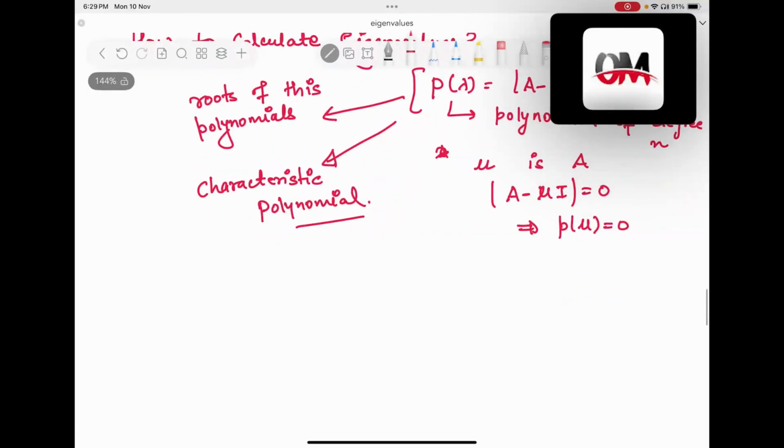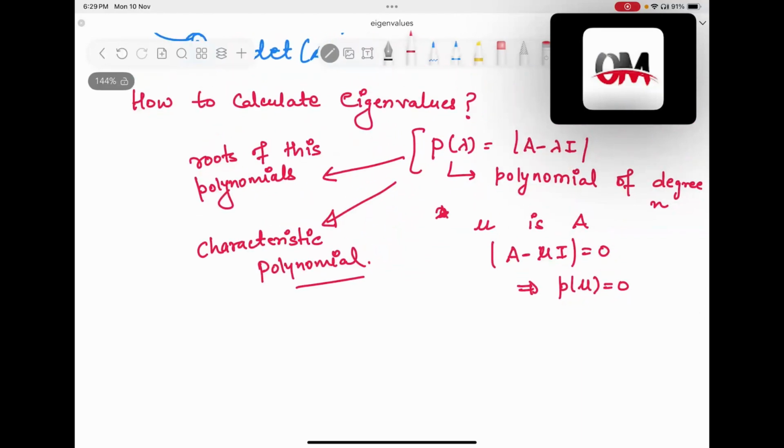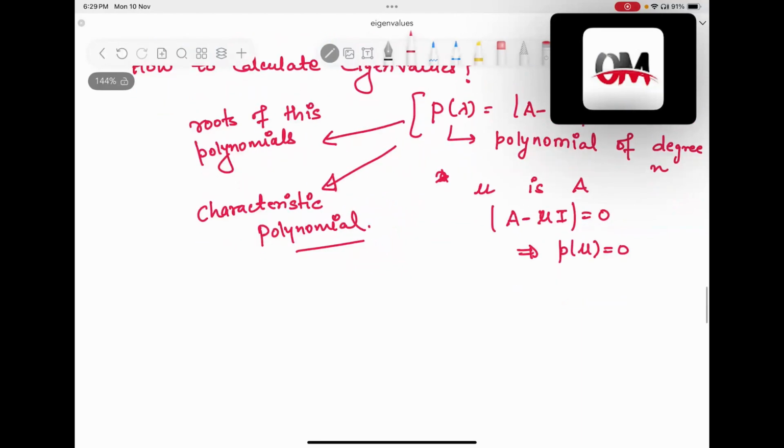Now, whenever you expand this determinant, you will have lambda to the power n, minus something times lambda to the power n minus 1, something like that, right?